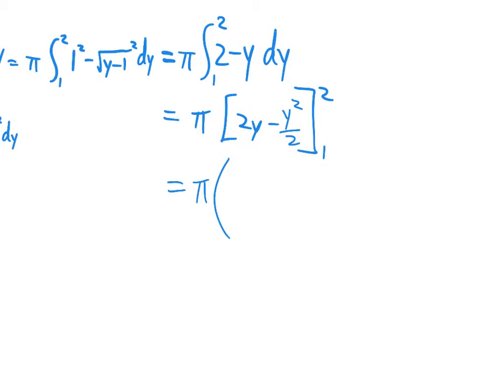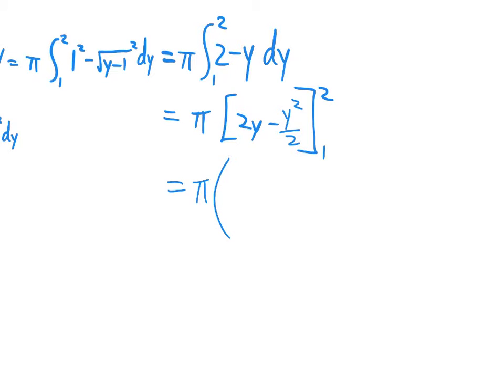Well, no, because you have different functions. Remember, the function has to be defined over the whole interval in order to take the integral of it. So our square root of y minus 1 is not defined between 0 and 1, so you can't do the integral on that part.